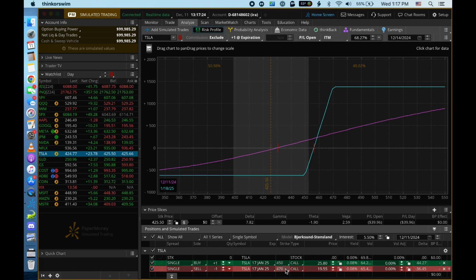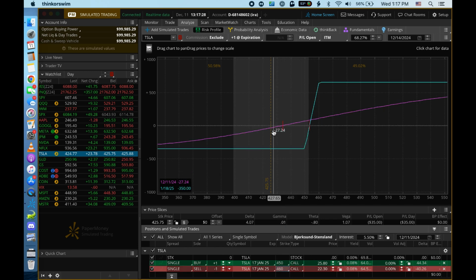So if we reduce the width to $10, you can see that we have reduced the cost of this trade even further, but we have also reduced our potential profits as well. So you can choose how aggressive you want to be with your positions. If we're in a strong uptrending market, you can go wider. And if the market is looking iffy or you're not as sure of your trade, you can reduce the width and go shorter. It's up to you.